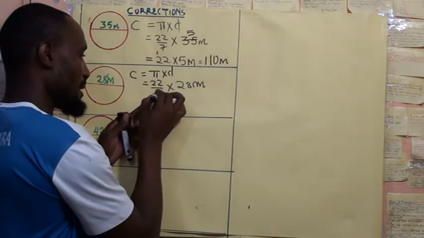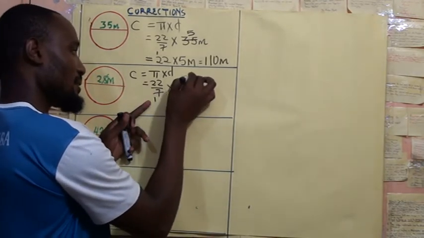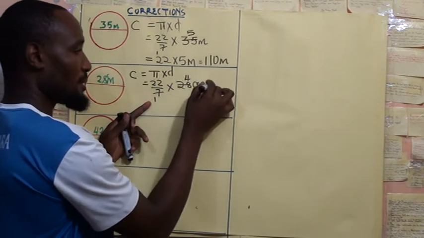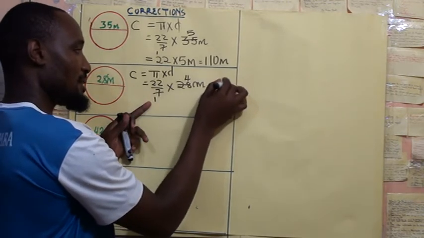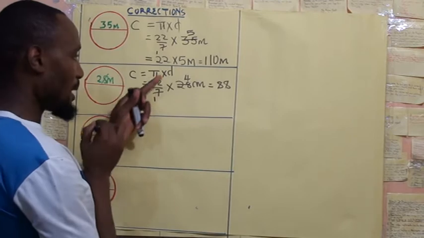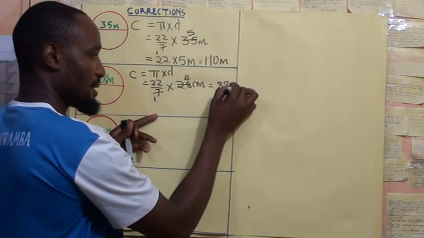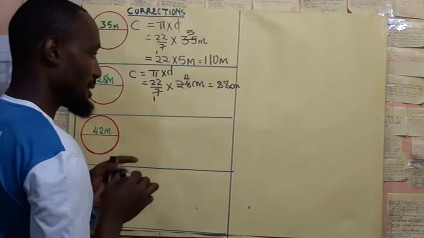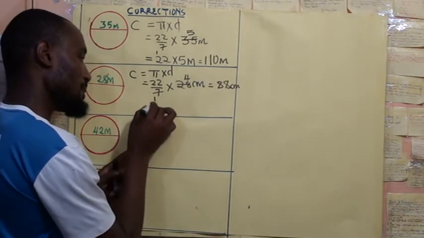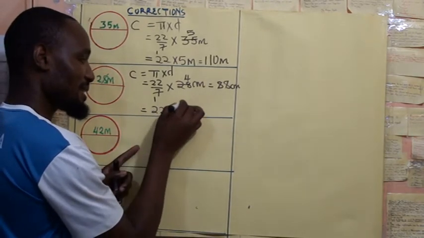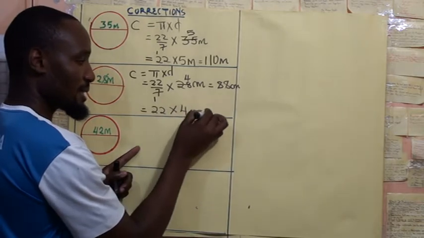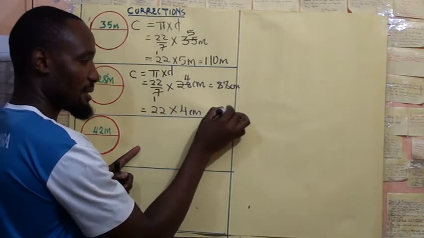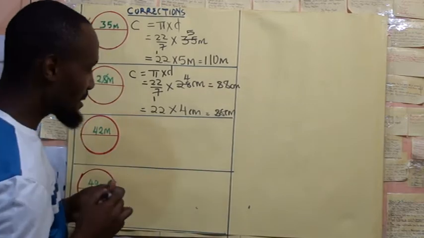Now 7 here 1, 7 here 4. 22 times 4, that is 88 centimeters. So your answer is 88 centimeters. But remember to make sure that you multiply times 4. That gives us 88 centimeters. Now let's see the next one.